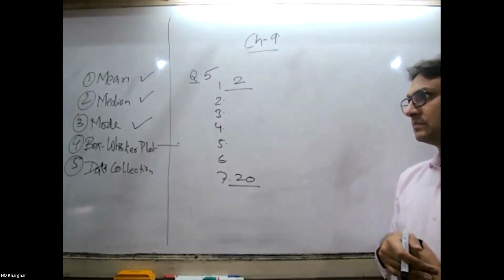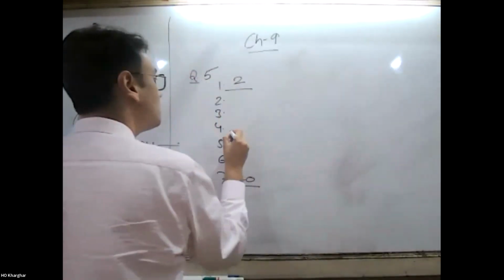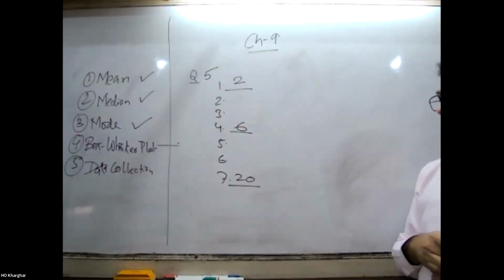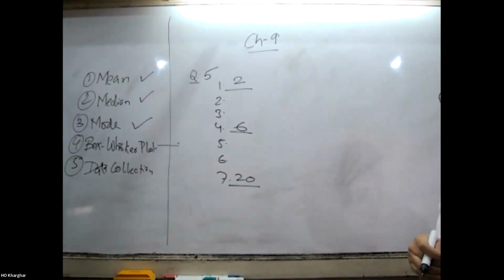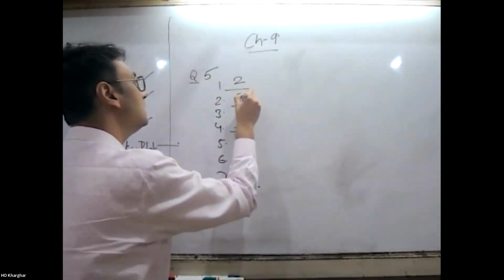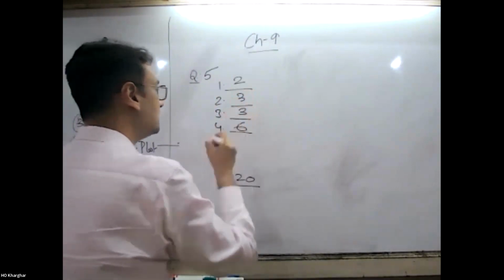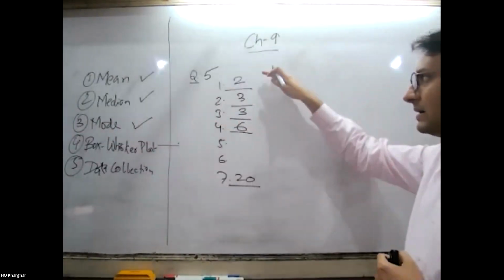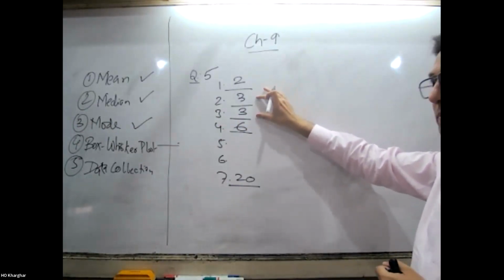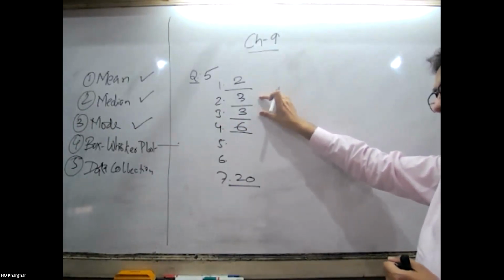Then after that, I put 6 at the 4th place. And then I added 3 at 2 and 3. Absolutely right, fantastic. Because 3 is occurring most, and because we are going in ascending order, 3 can only come here, and these 2 places will be occupied by 3.